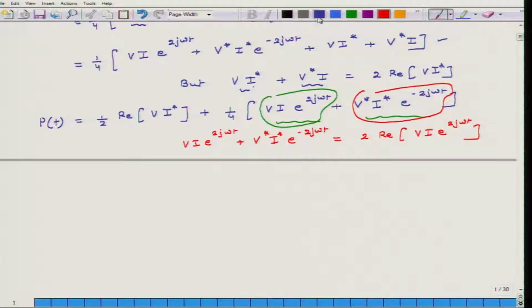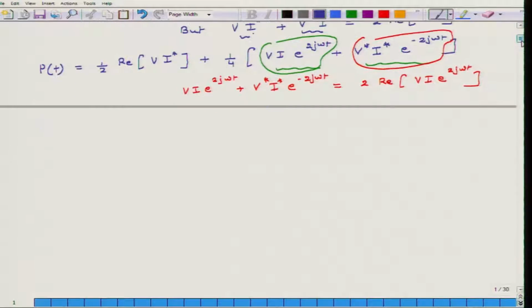Once again we plug this relation back into our relationship for power. So, power equals half of real of V I star plus half of real of V I e^(2 j omega t).